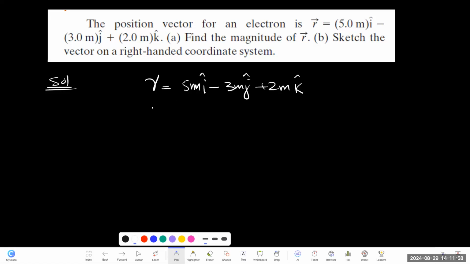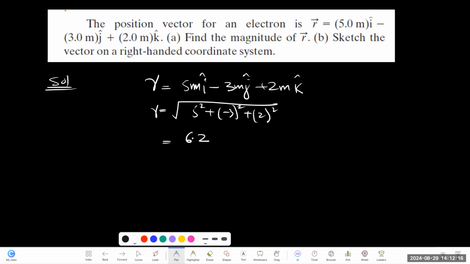Find the magnitude of R. So we need to calculate R. R equals the square root of 5 squared plus minus 3 squared plus 2 squared. If you add them together, it's 38, and the square root of 38 is about 6.2.